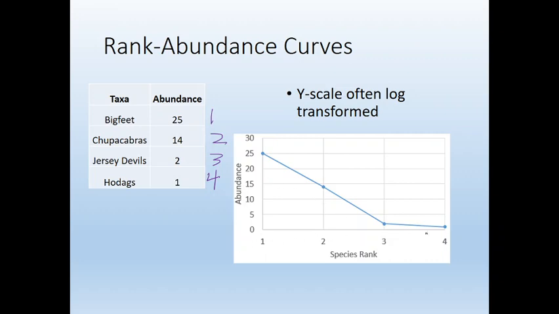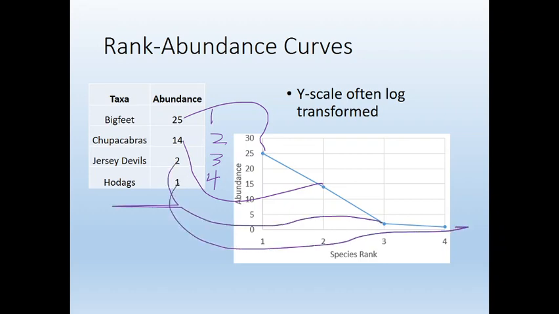And then you put the species rank down here, where 125 for the Bigfoot, right? So that is right here. This Bigfoot number comes right here. The Chupacabra number comes right there, and so forth.